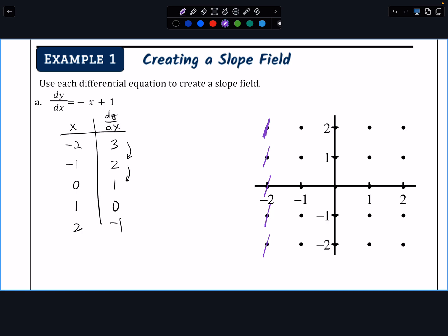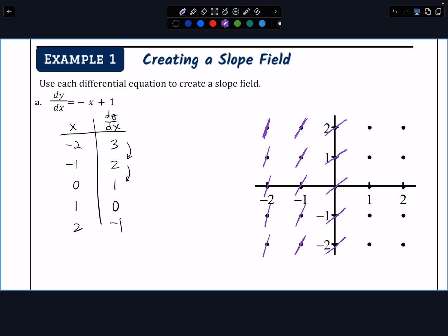So a slope of 2 is a little less steep. So maybe something like that. A slope of 1, so at 0, all these points right here, is just a perfectly diagonal line, something like that. What does a slope of 0 look like?